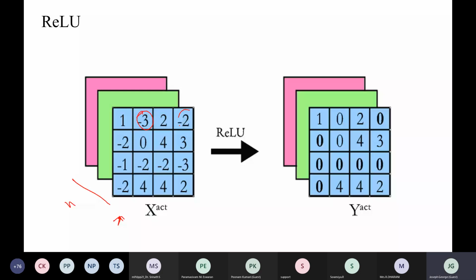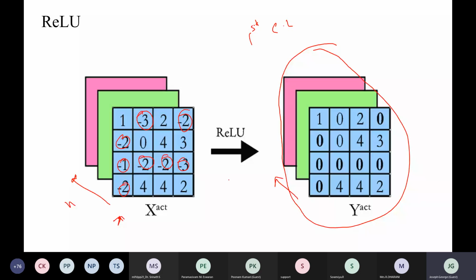And this is applied to all the channels of this activation map. This is the output of the first convolution layer, and we can do this process repeatedly n number of times.